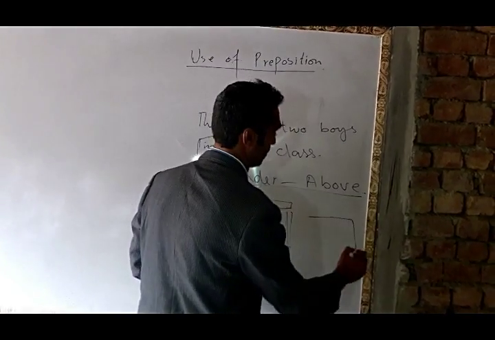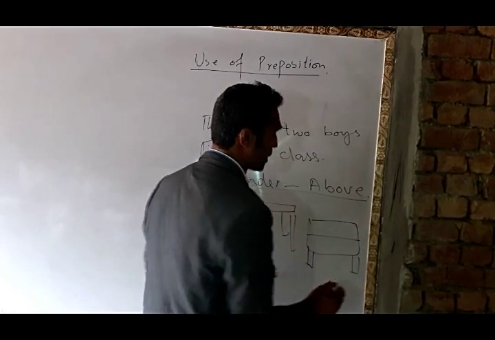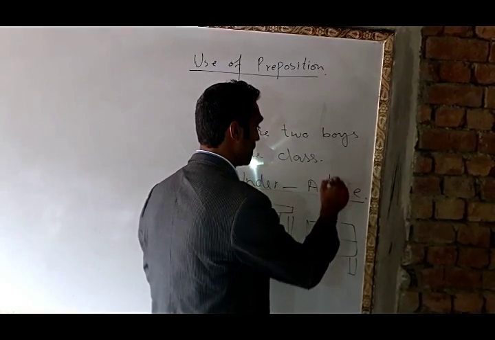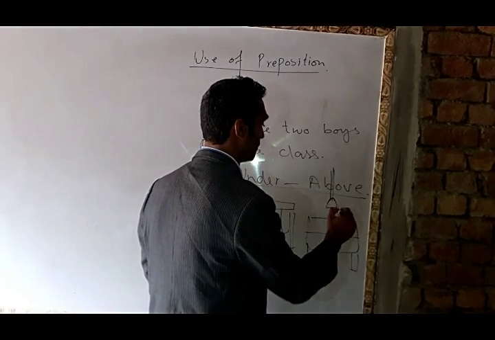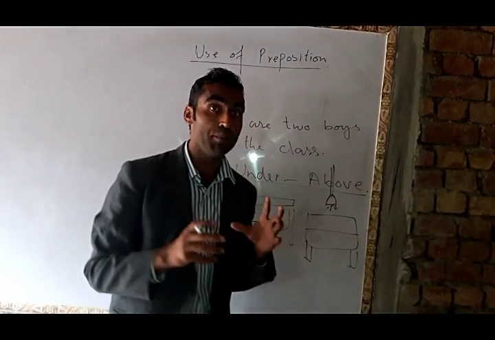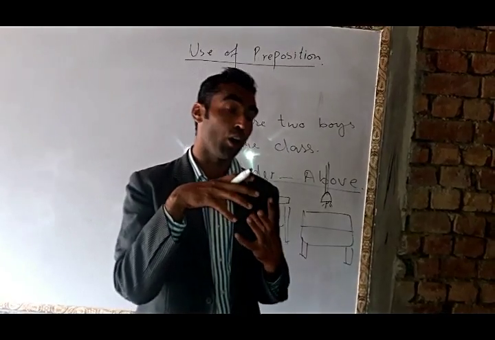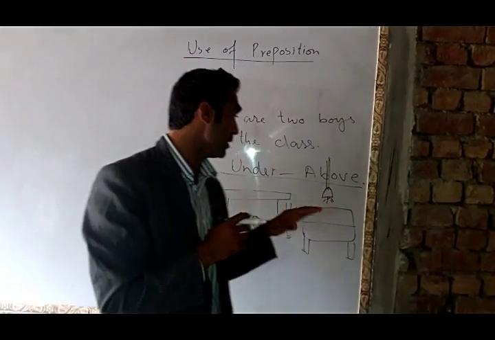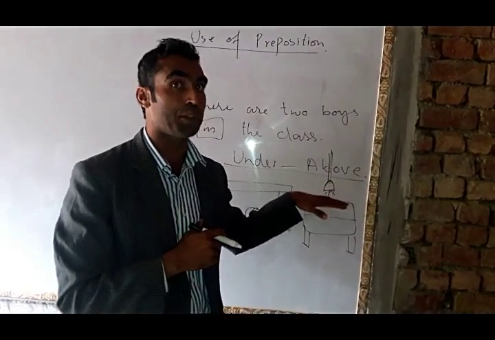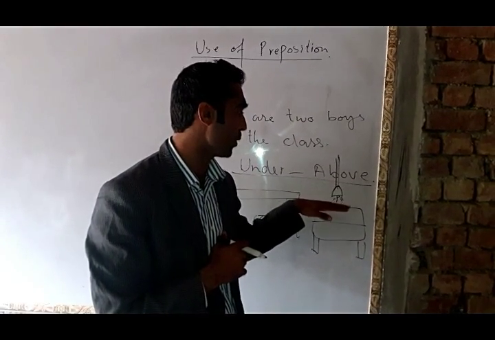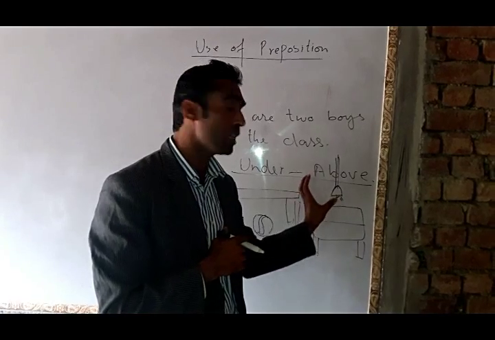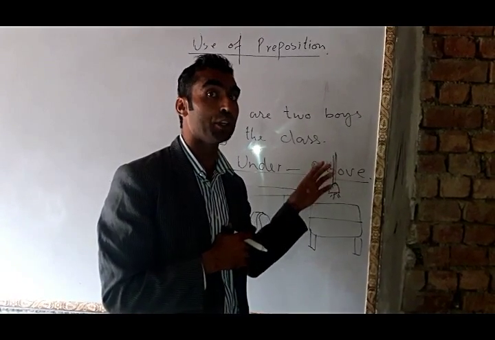Now this is a table and this is a lamp. So the lamp is above, all over the table. When something is not touching the surface of the other thing and there is some distance between the two objects, you can say the thing is above the other thing or over the other thing.